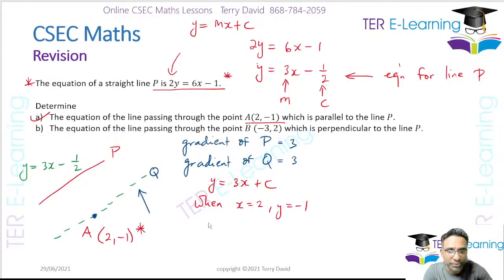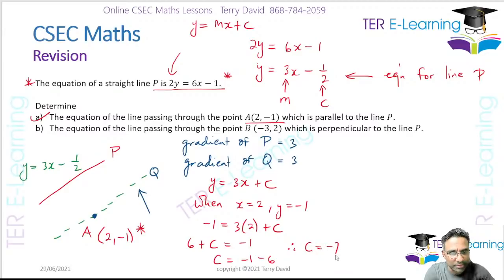So I'm going to substitute: -1 = 3 multiplied by 2, plus c. Therefore 6 + c = -1, so c = -1 - 6. Therefore c is equal to -7.